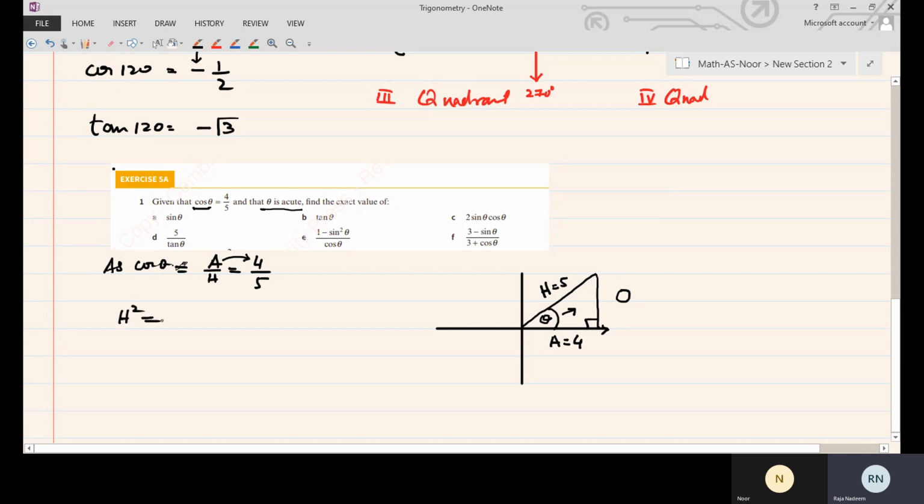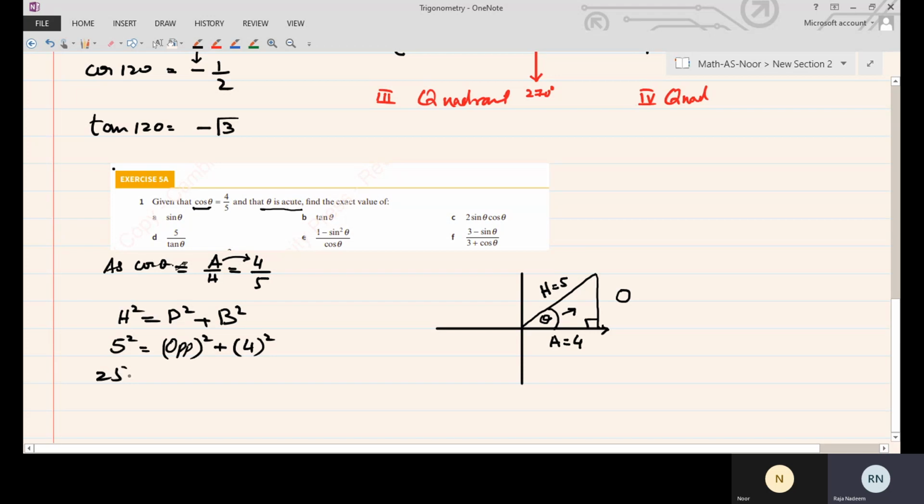So hypotenuse square is equal to the sum of the squares of the two sides. Hypotenuse is 5 square, and the side opposite to the given angle is unknown, so I'll say this is opposite square, and the base is 4 square.